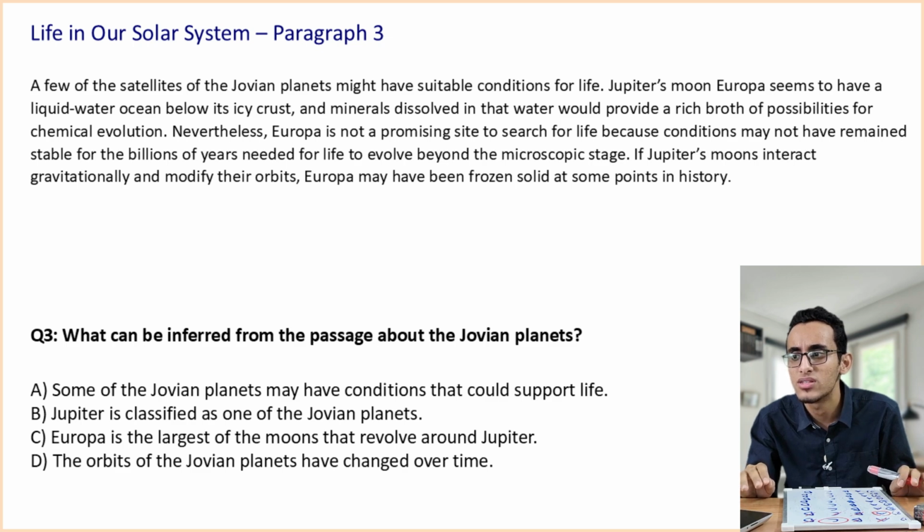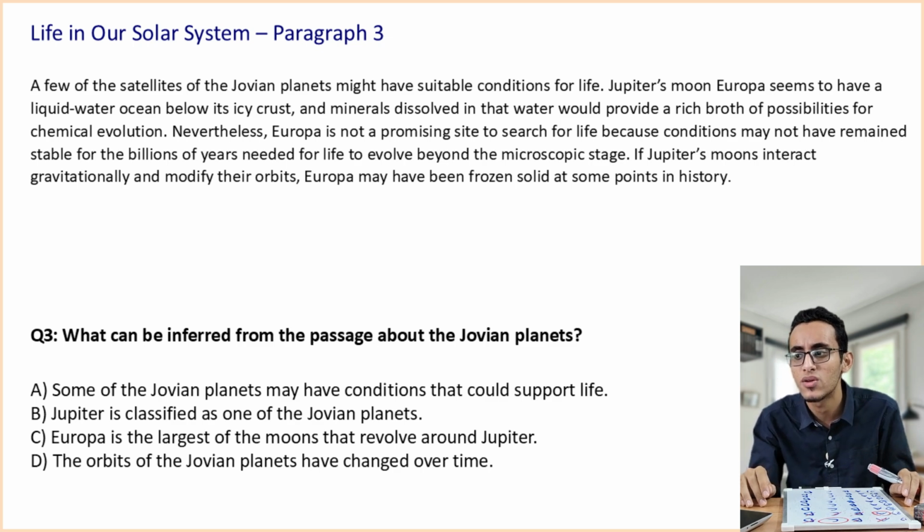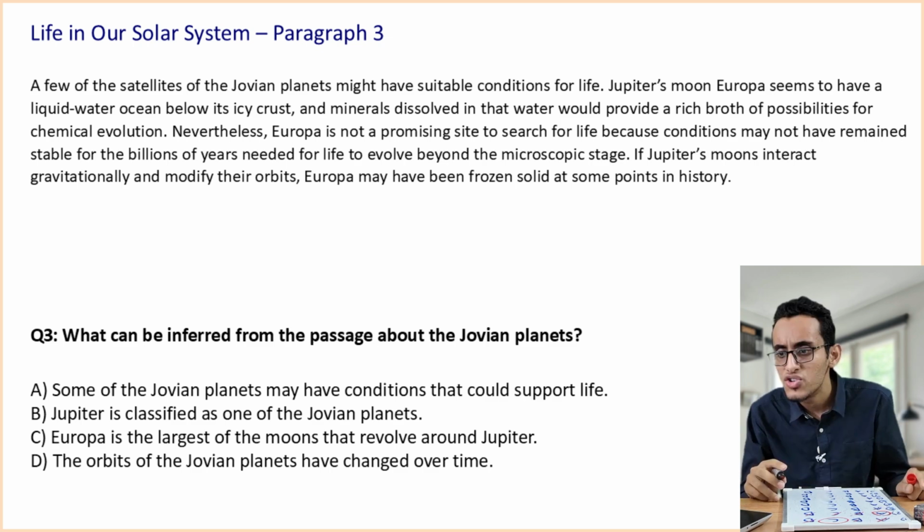And minerals dissolved in that water would provide a rich broth of possibilities for chemical evolution. Okay, let's see the answers. Some of the Jovian planets may have conditions that could support life, and I mentioned life. Maybe, okay. Billions of years needed for life to evolve. No, I don't think so. Jupiter is classified as one of the Jovian planets.